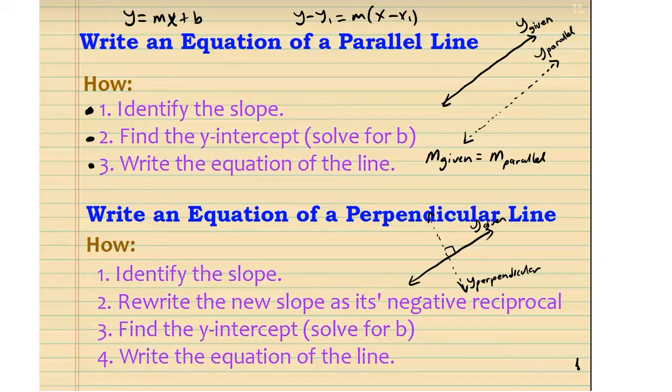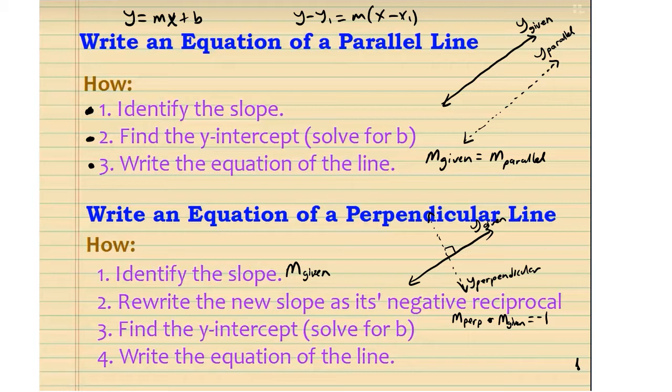We will first find the slope of the given line, m given. Then we will rewrite the new slope of the perpendicular line as the negative reciprocal. So in this case, m perpendicular times m given will be equal to -1 because of negative reciprocals.